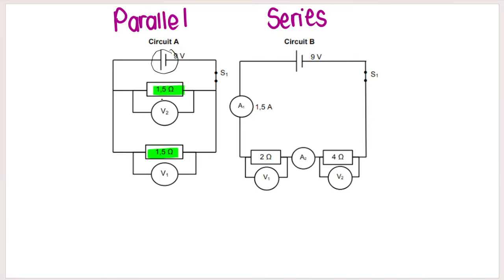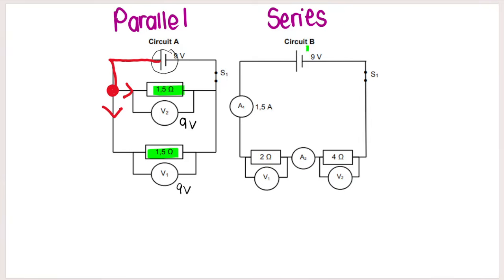Because I only have two resistors connected in parallel, V2 will read 9 volts and V1 will also read 9 volts, because voltage across resistors connected in parallel is the same and there's no other resistor in this series. If I was given total current, the total current would travel through this part of the circuit and over here, and at this point there would be a split in current because these are resistors in parallel, and current splits between resistors in parallel.